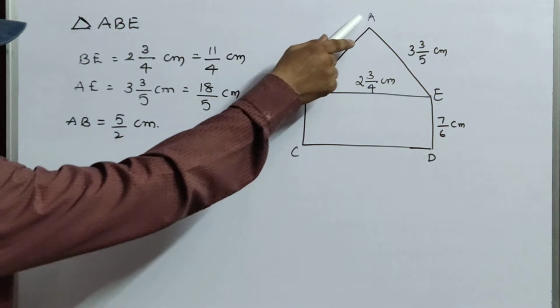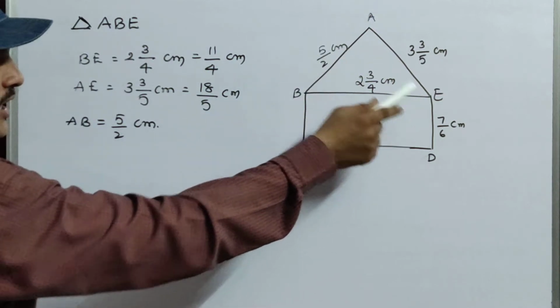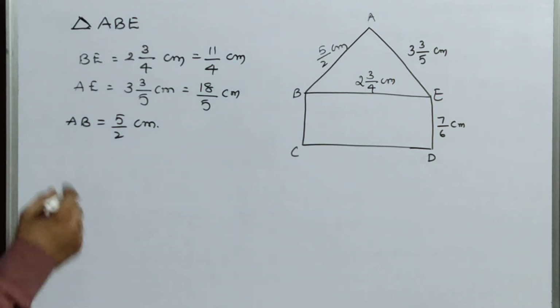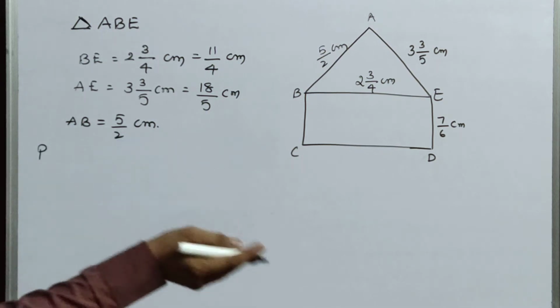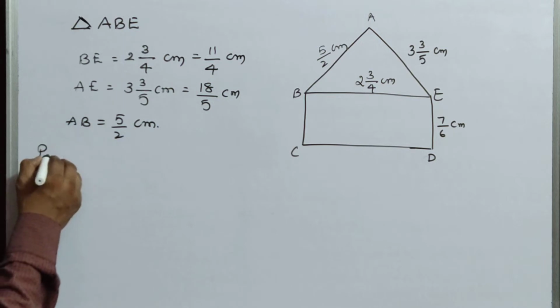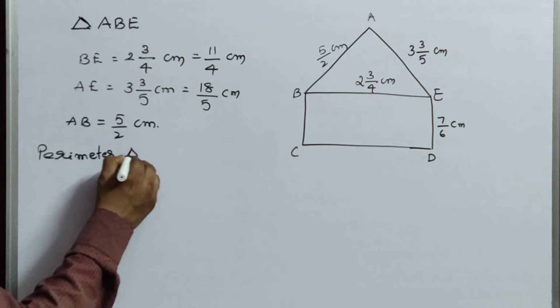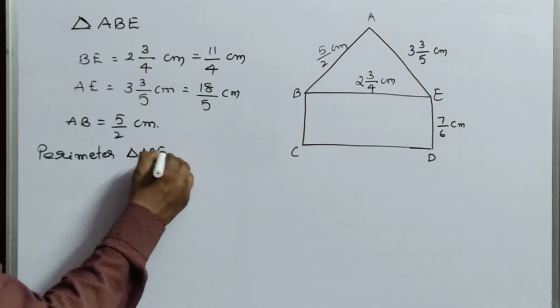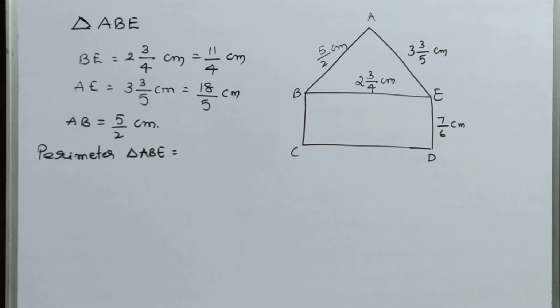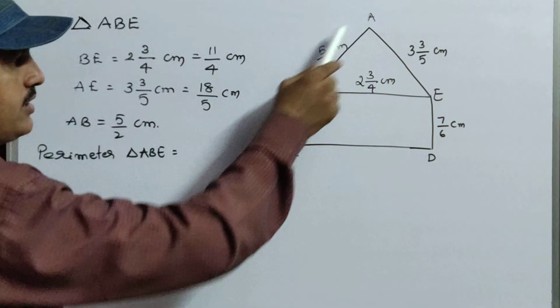Now what was asked: find the perimeter of triangle ABE. What I told in the previous video, in the introduction part, I had given the area of a triangle and the perimeter of a triangle. So here he asked for the perimeter. Perimeter of triangle ABE means, as I told, the sum of the sides: BE plus AE plus AB.